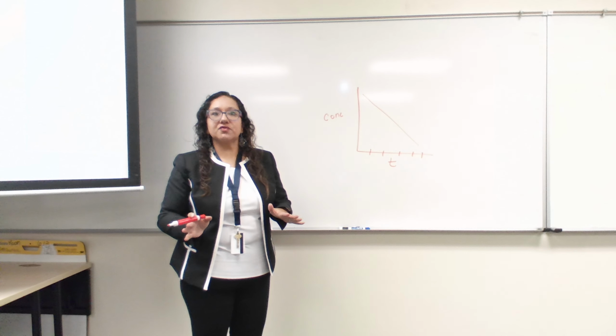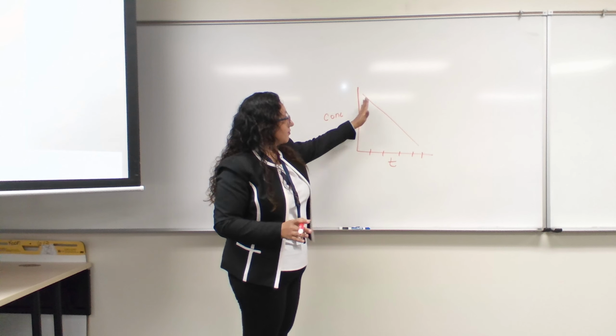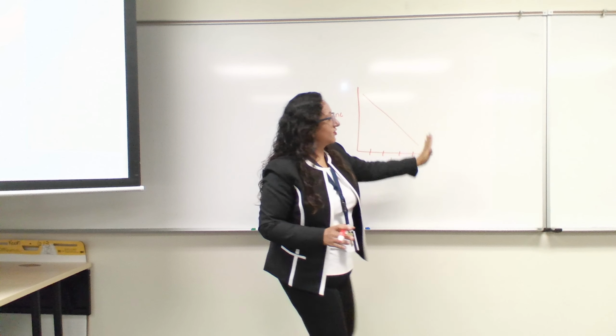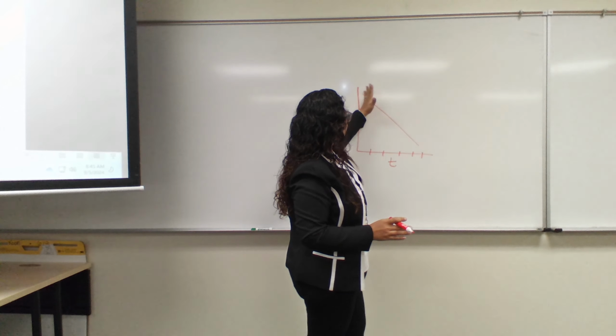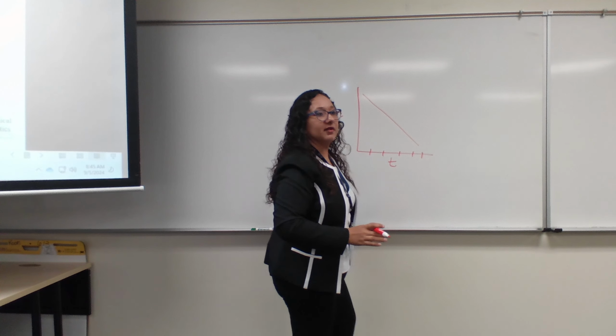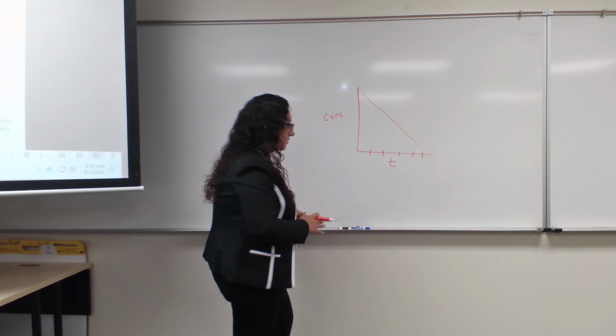Not all reactions do that. Some reactions do this, where it's proportionate as the time continues, and the concentration is in a line like this, right? A straight linear line.